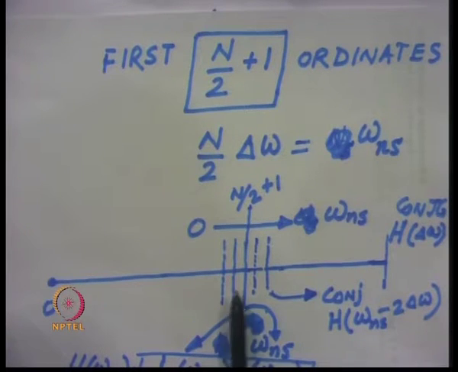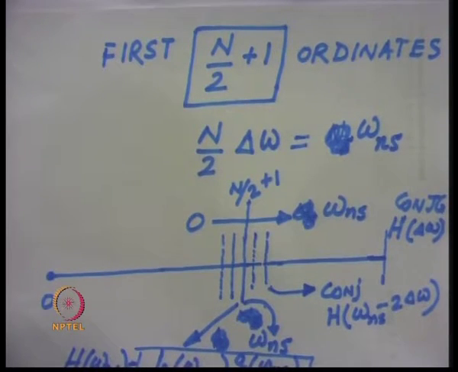Now, with this first set of ordinates from the FFT, for each value of omega at an interval of delta omega, we obtain the value of h omega, and then we multiply this with the frequency contents of the ground motion.